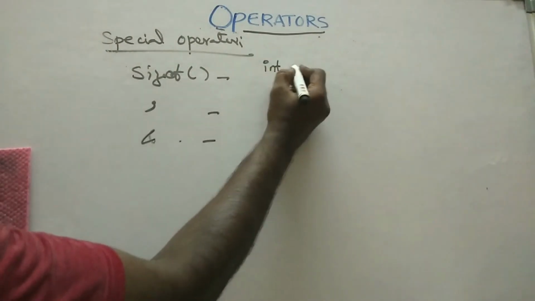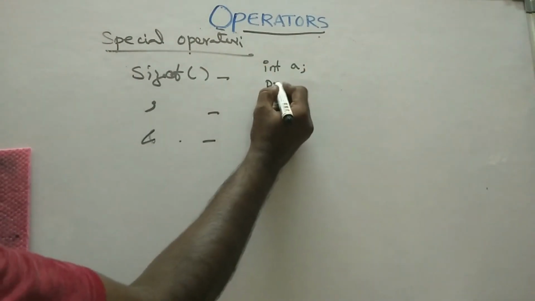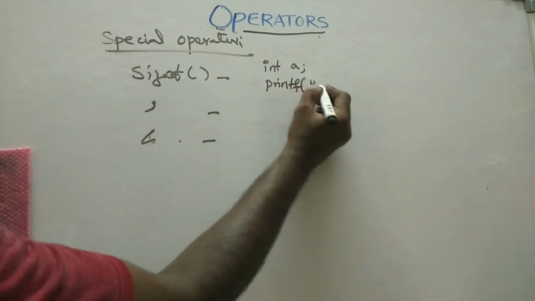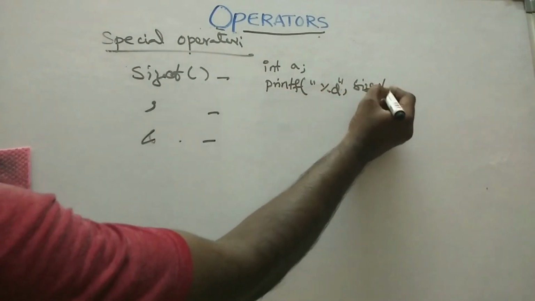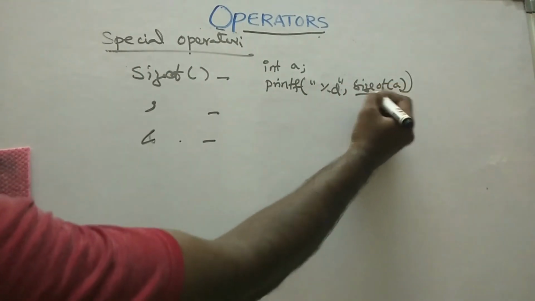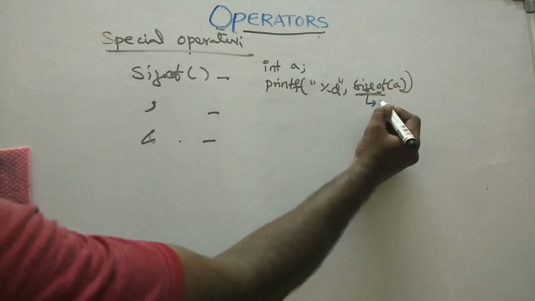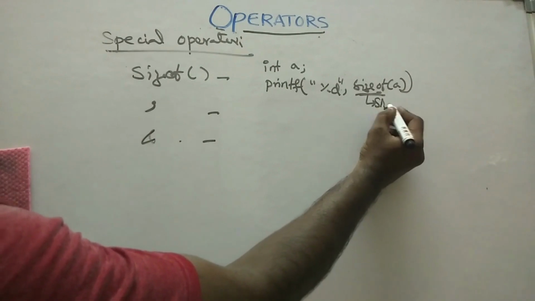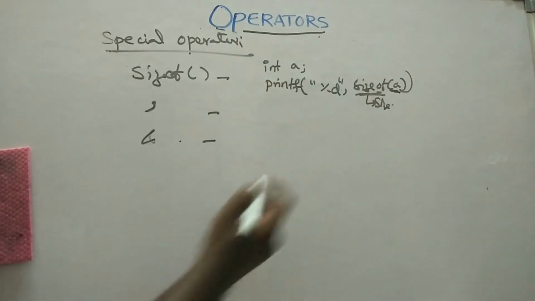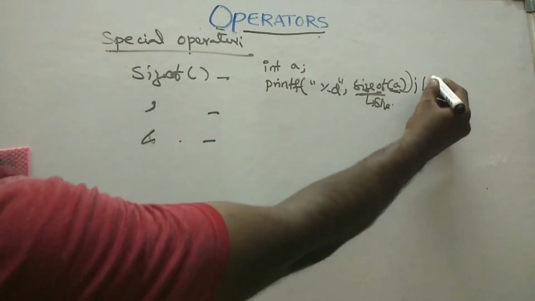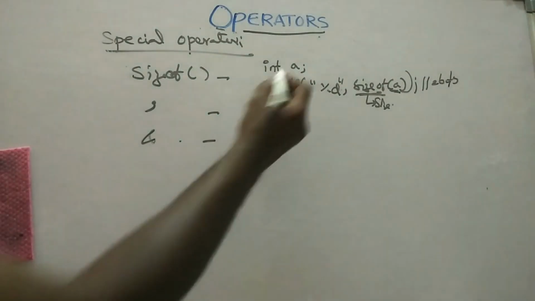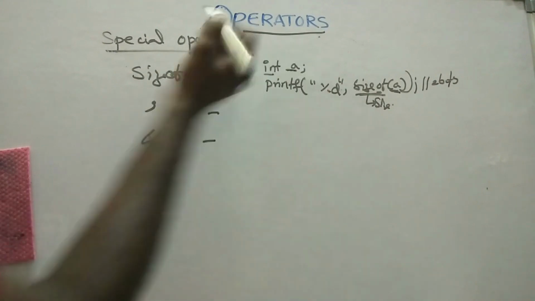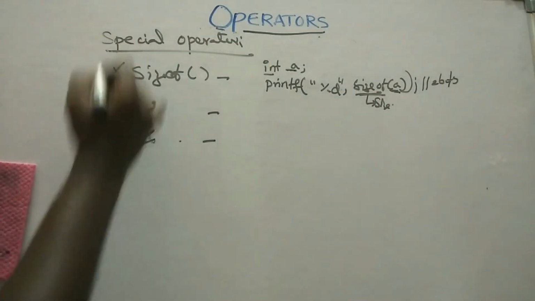For example, int a is declared, and if I display printf("%d", sizeof(a)), it shows the size occupied by the variable a. That means it will show the output as 2 bytes, because it is an integer, so the size of a is 2 bytes. That is the need of the sizeof operator.